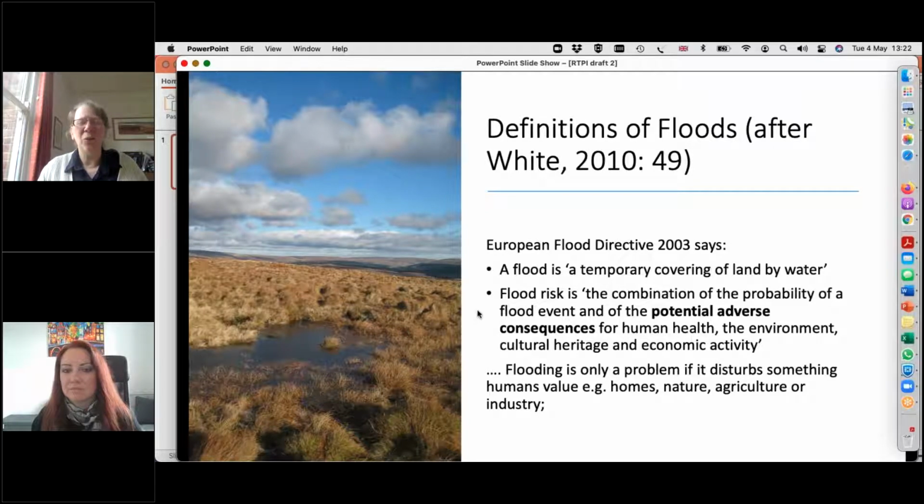So Ian White wrote a book called Water in the City, from which I quoted the flood directive here. If you're able to see the notes, it has the reference there, 2010. Ian is spelled I-A-I-N.